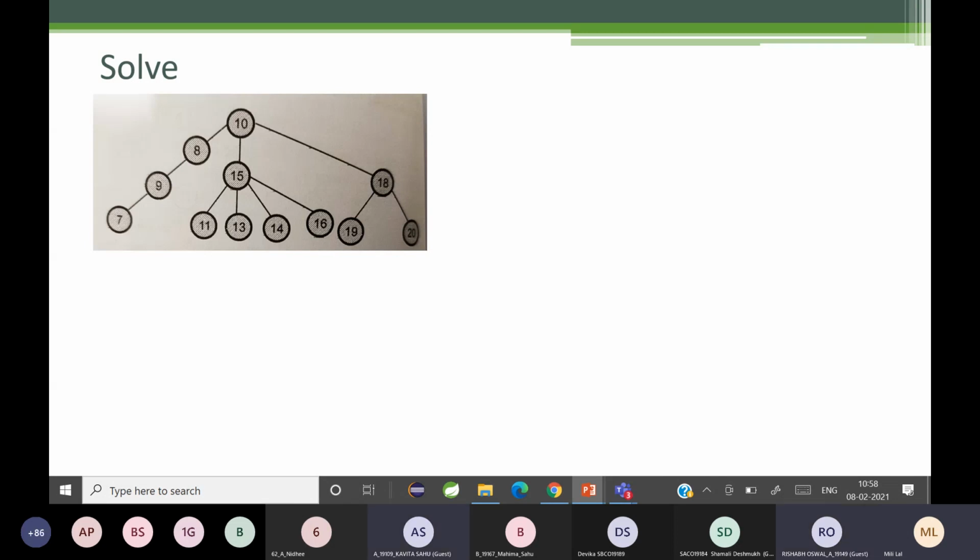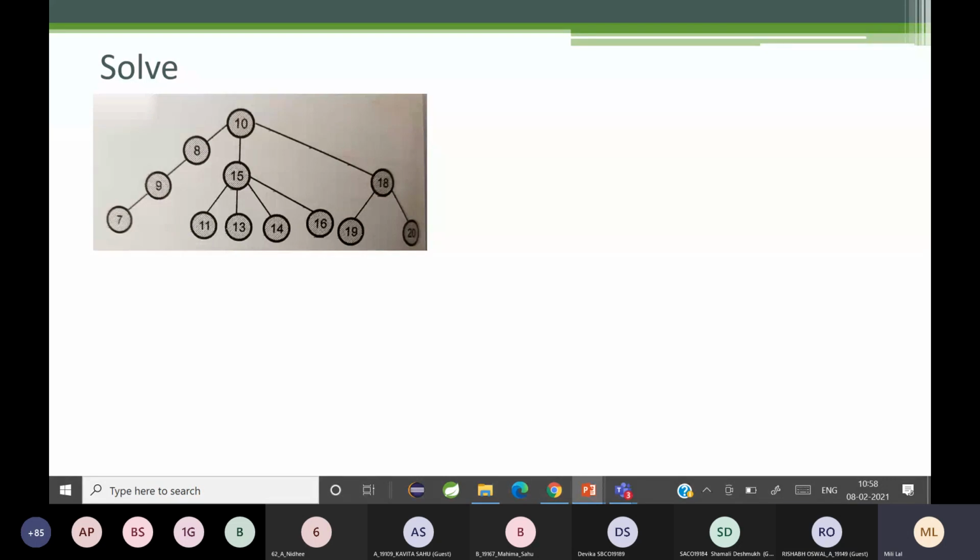13, 14, 16, 7. Okay, now 13 is going to be the right sibling of 11. So it's going to be the right child of 11.